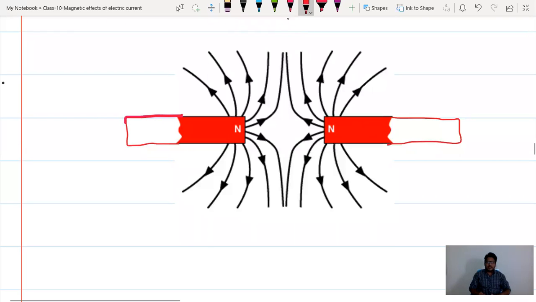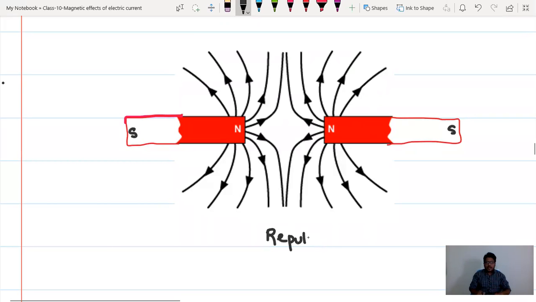Always magnetic field lines will start from north and travel towards south. Consider there is south here. This side is south. This side is south. Now like poles are facing each other. There is north and north. What will happen? Attraction or repulsion? Definitely there will be repulsion.